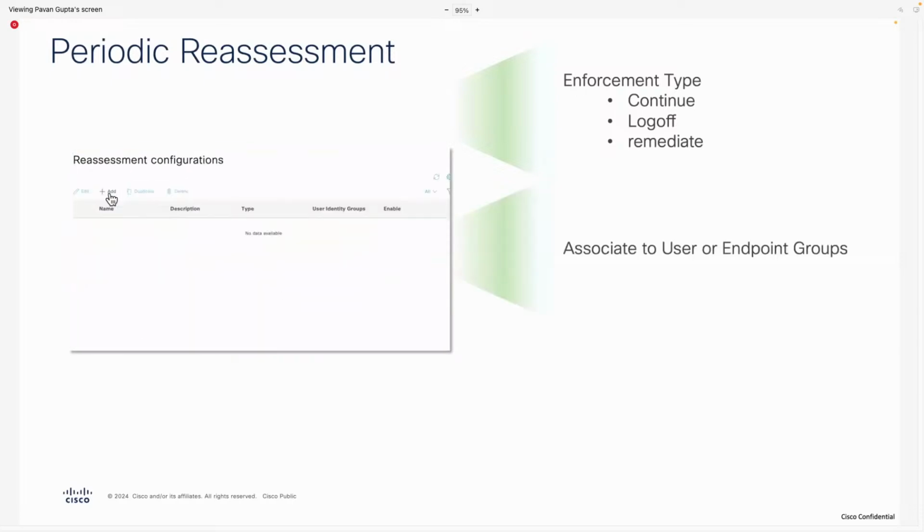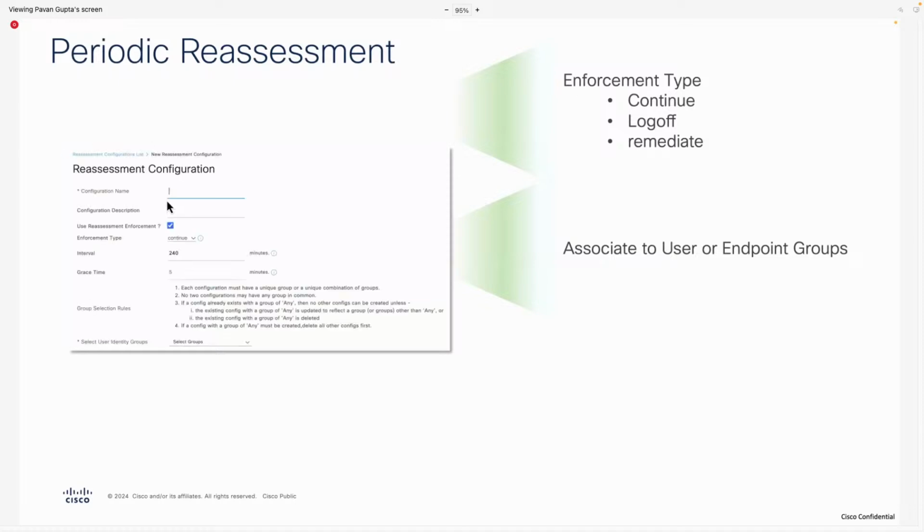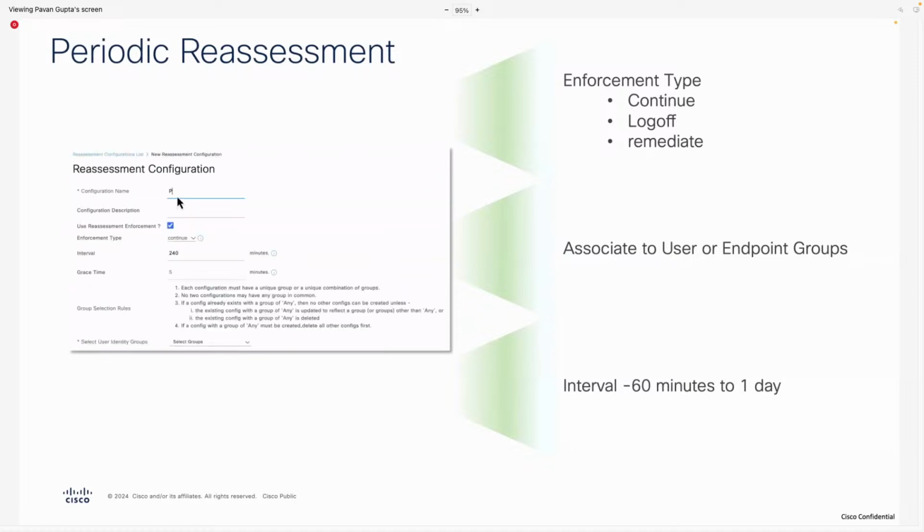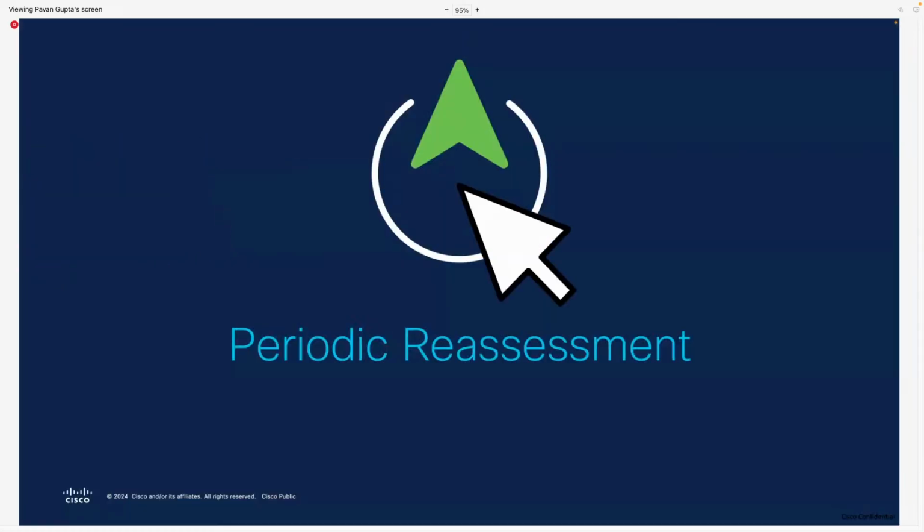You can also associate this PRA configuration to user groups or endpoint groups. And the PRA interval could be from a minimum of 60 minutes to a maximum of 1 day. That means you can reassess the posture of an endpoint as frequently as every 60 minutes or as rarely as once a day. So how does it work?